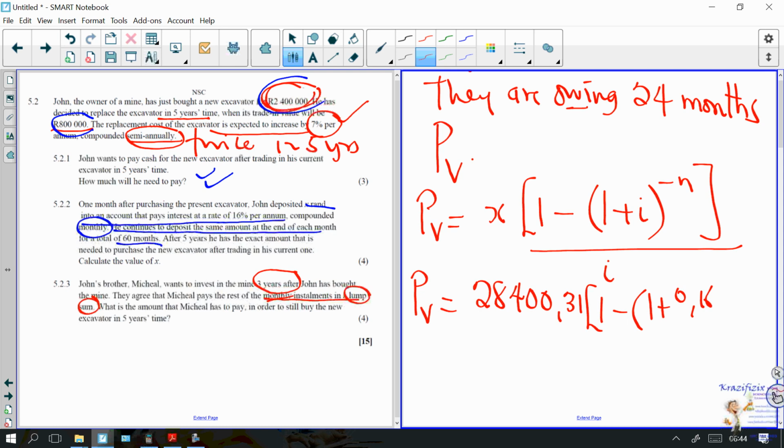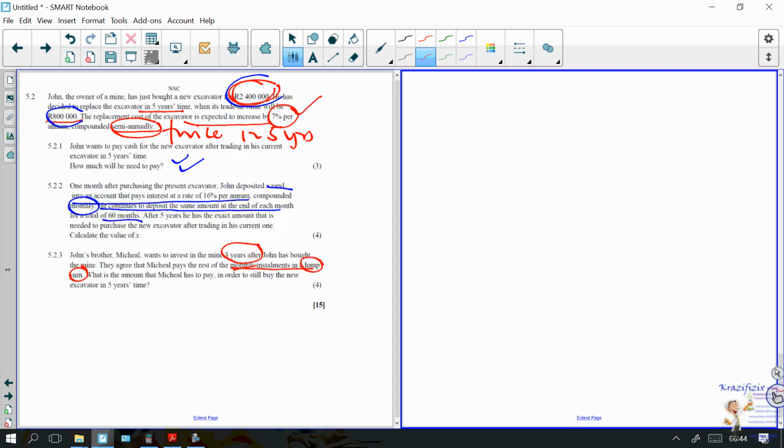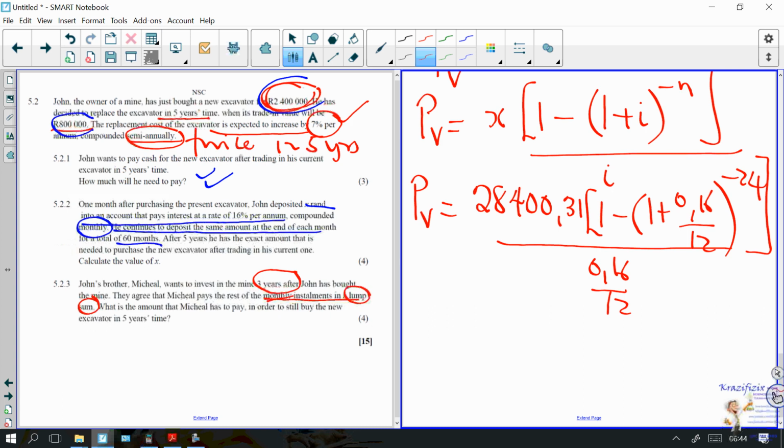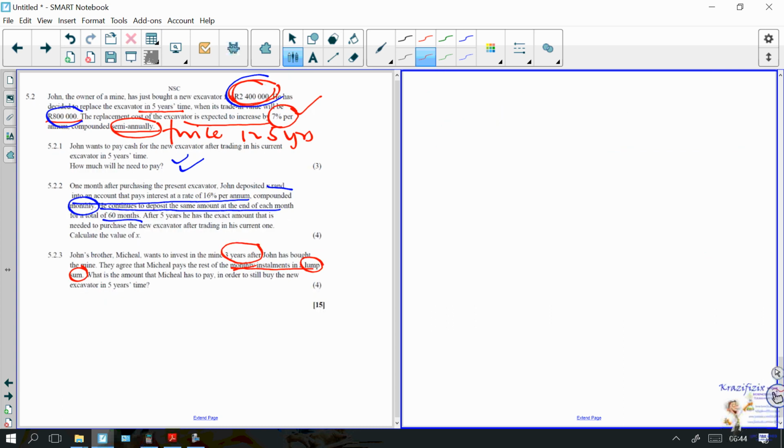It is still 16% over 12. But for how many months are they left to pay? 24. I hope you understand my 24, because they paid for 36. Over 0.16 divided by 12. And then you go to your calculator and let's get our answer.